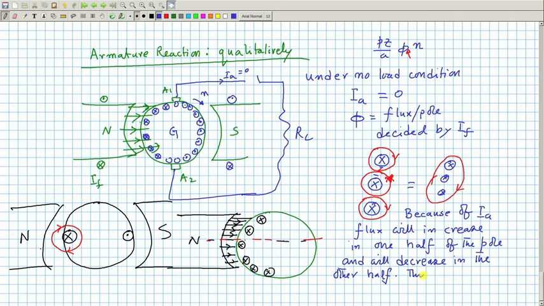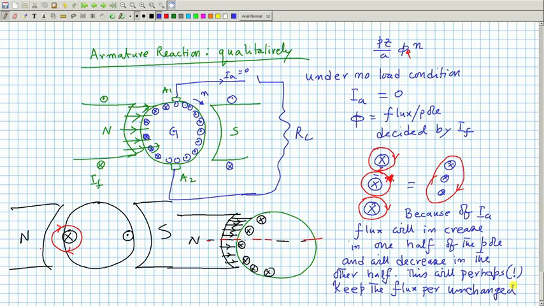This will perhaps keep the flux per pole unchanged, from no load to full load condition.